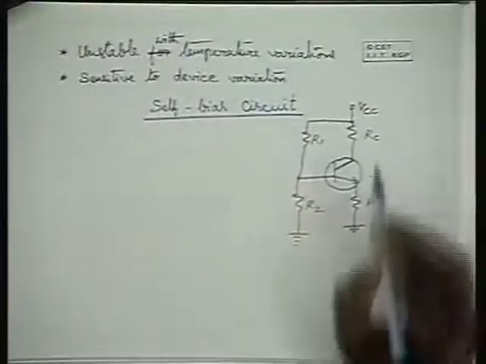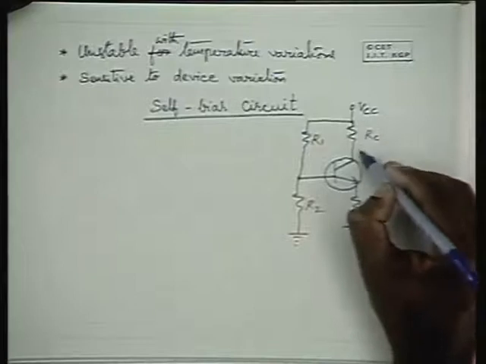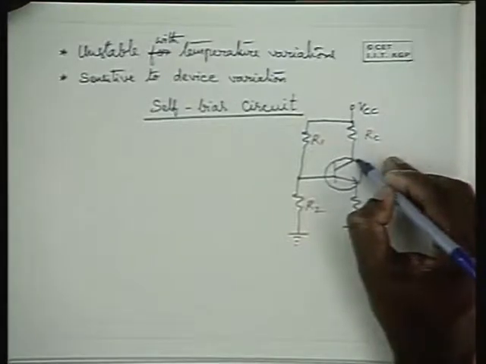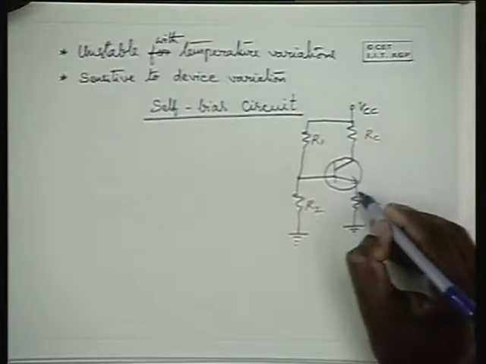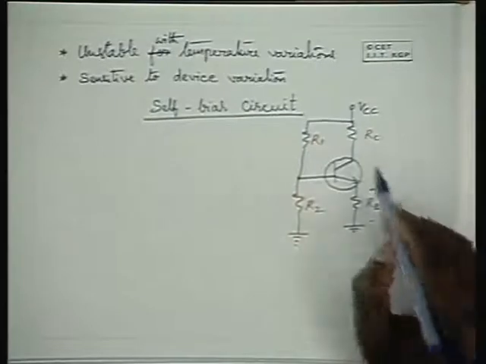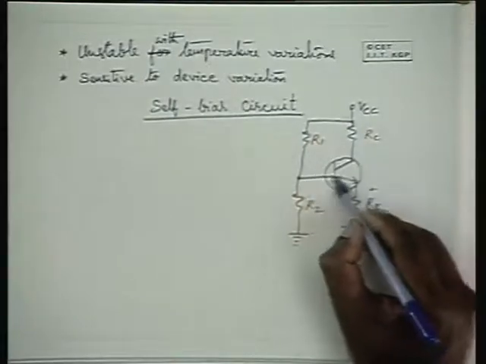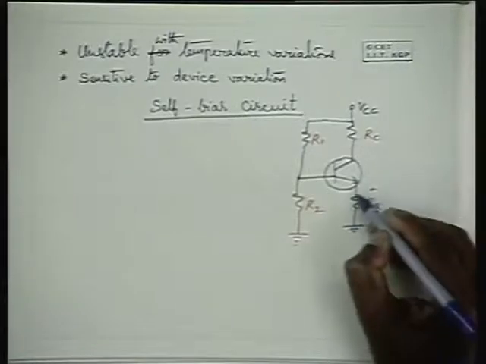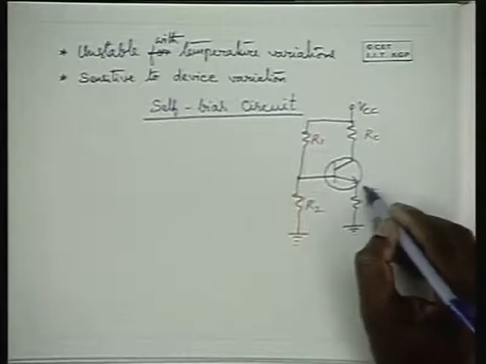Let us consider the case of temperature variations. When collector current increases, what happens to the drop across the emitter resistance? When collector current increases, even for constant base current, emitter current also increases. And as a result, the voltage drop across the emitter resistance increases.